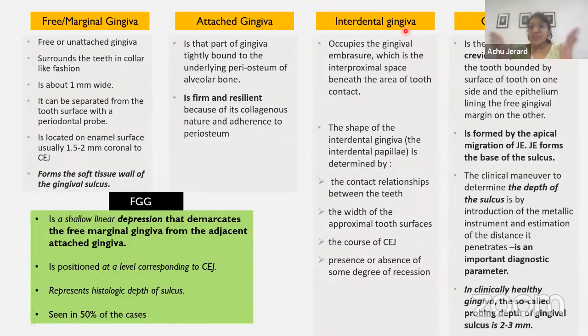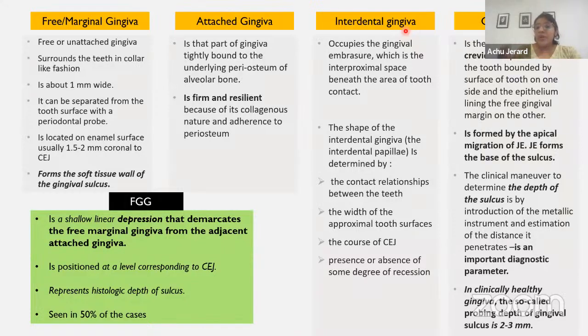Basically, the surfaces of approximating teeth, or the contacts formed by 2 teeth adjacent to each other. The shape of the interdental gingiva depends on that, because in case of a diastema, when there is no contact, this interdental gingiva would be absent.